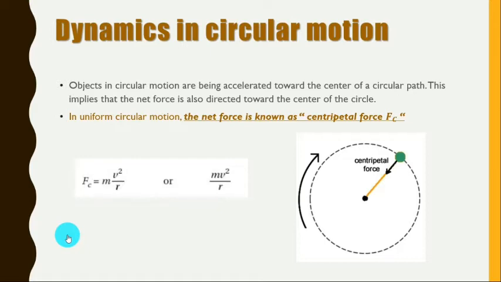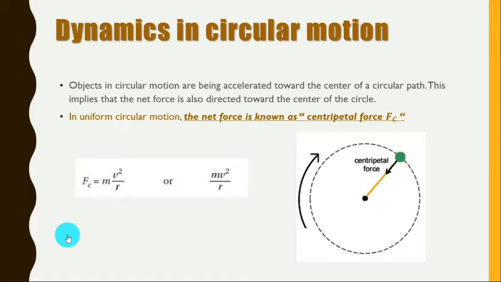In uniform circular motion, the net force is known as centripetal force. We write it F sub c. So girls, centripetal force is not the name of a particular force. It is the net force, the sum of all forces acting on the object at any moment in a circular motion.